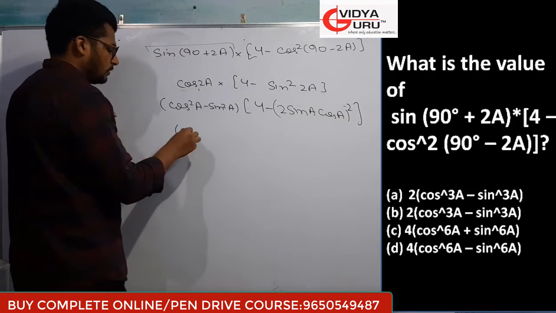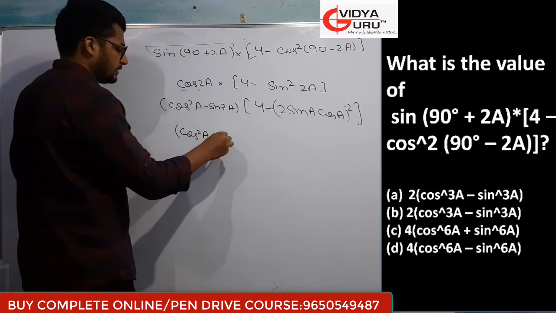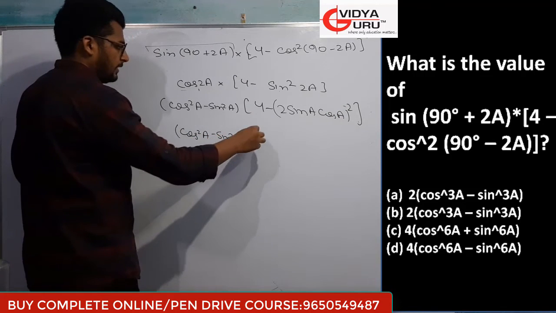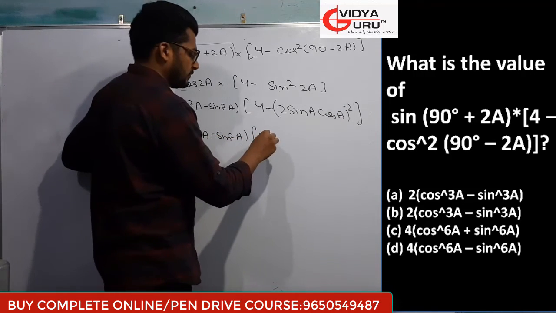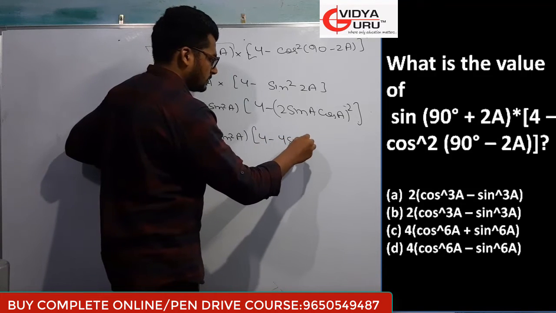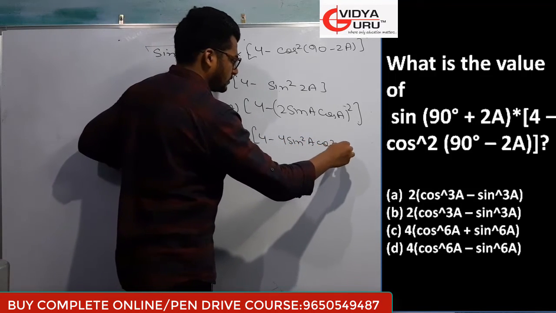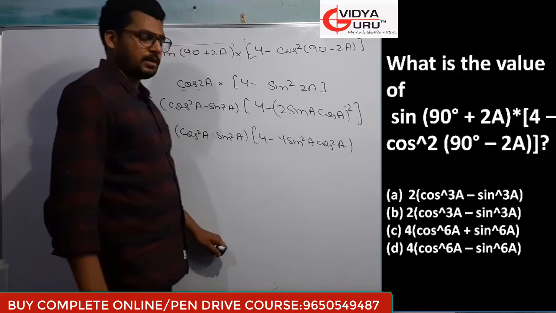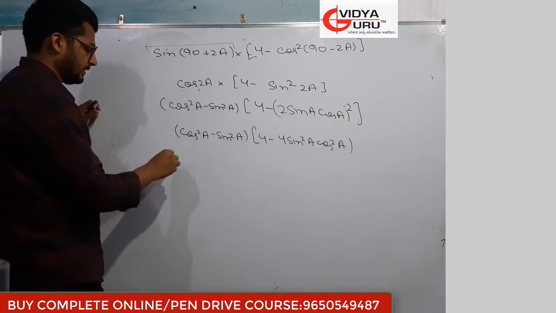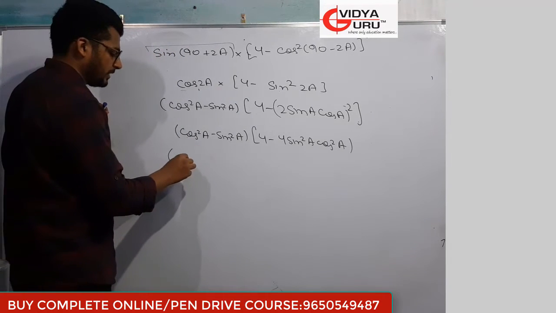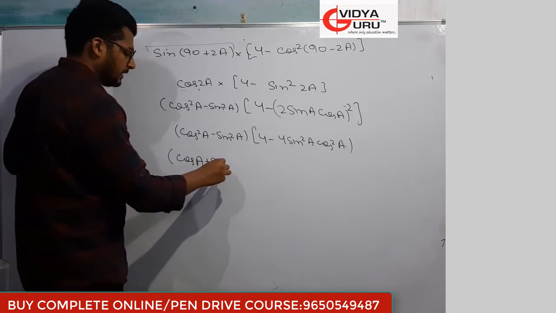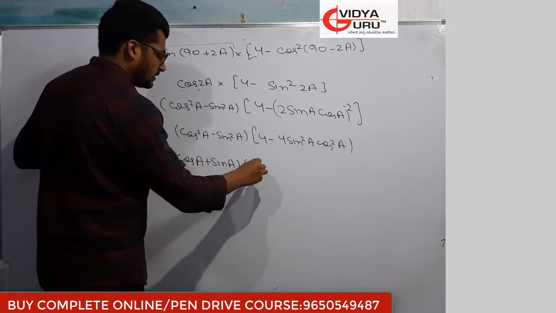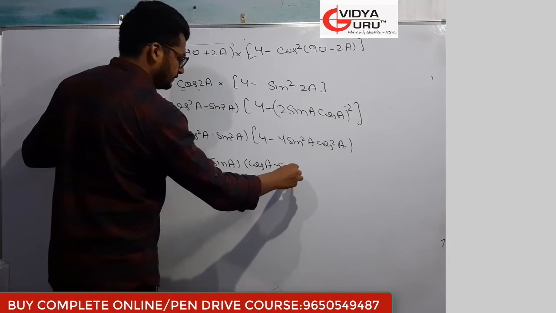So here it is cos square a minus sin square a, and this can be written as 4 minus 4 sin square a cos square a, and sin square a minus cos square a. This can be written using a square minus b square as (cos a plus sin a) and (cos a minus sin a).